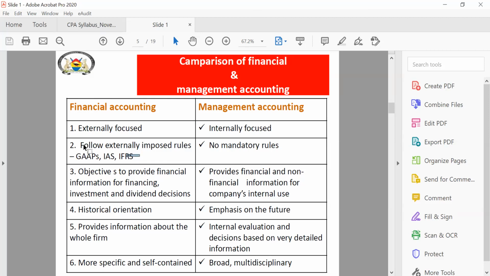Financial accounting, as we shall proceed, follows a given framework. We have what we call the financial reporting framework. And what does this mean?